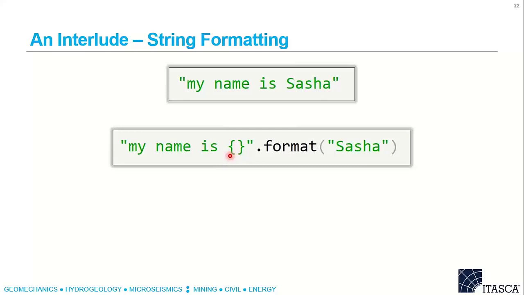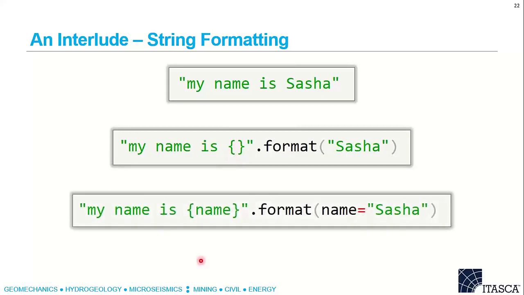You can also assign names to each of the curly bracket parameters by inputting a string of the variable name within the curly bracket itself. This allows you to, rather than simply passing in the parameters in the order that there are curly brackets, instead use keyword arguments and pass that into the format function. Both of these lines of code would execute to return the exact same string as the first line.